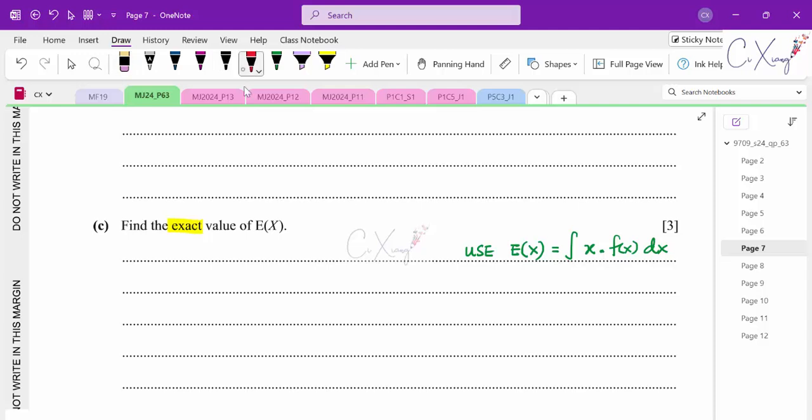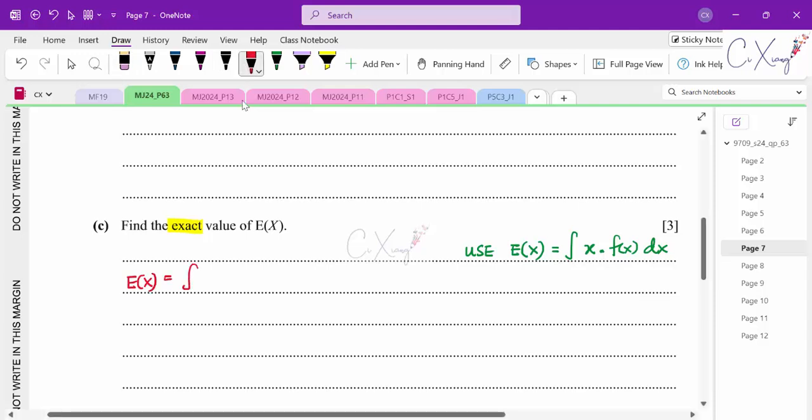So to get the E of x, I integrate from 0 until root 2, multiply the x into the function. So what's my function again? 2x minus x power 3. Before you start the integration, you have to simplify first, or expand it first. So you're having two terms in x power n. Then only we start with the integration here.